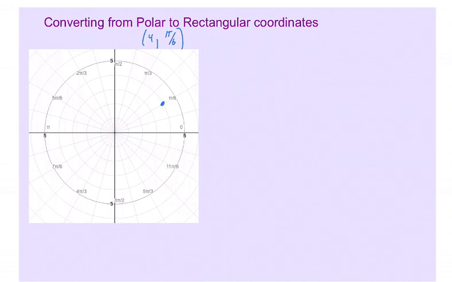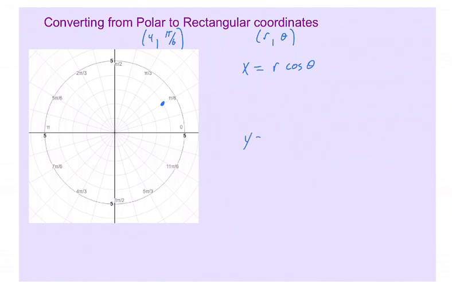If I wanted to convert that to rectangular coordinates, I can. It's actually very easy, but it's an important thing that comes up a lot. You have to be able to do this. The x value of any polar coordinate, so if the polar coordinate is r, theta, the x value is r times the cosine of theta.